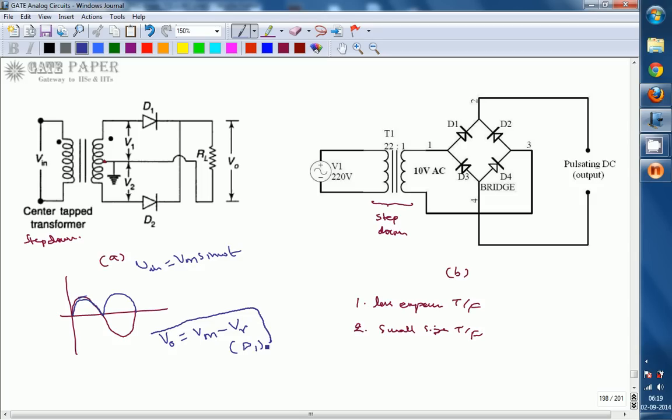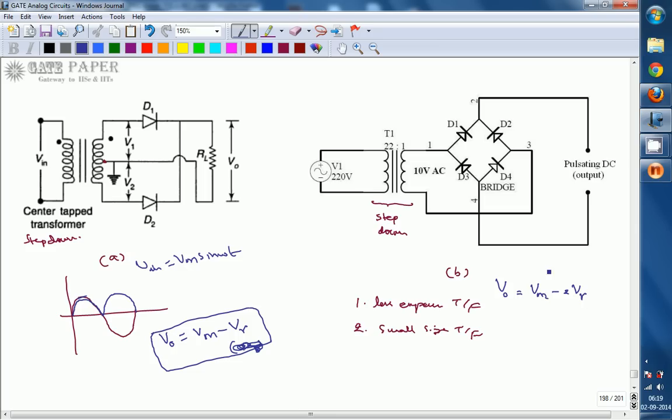At most the output voltage is Vm, the maximum voltage of input, minus the cut-in voltage of one diode, because at a time only one diode is conducting, either D1 or D2. In the bridge case, for the same V input equal to Vm sin omega t, the output is going to be Vm minus 2V gamma.